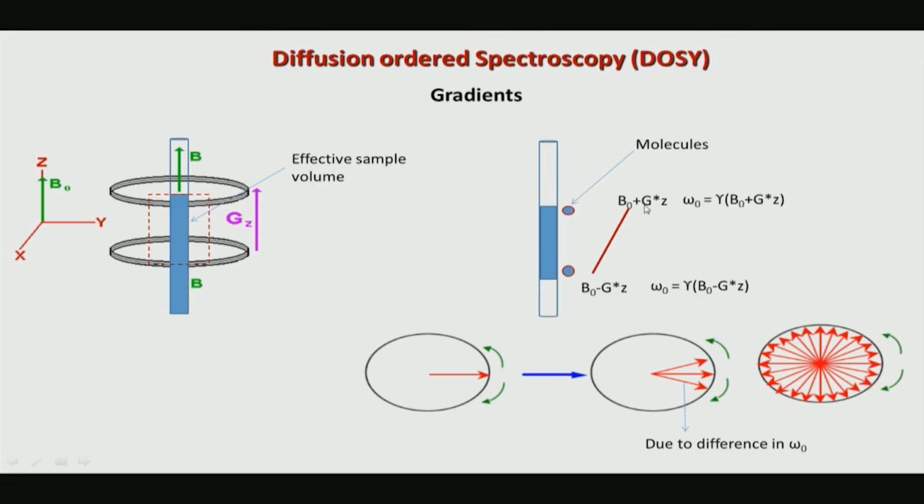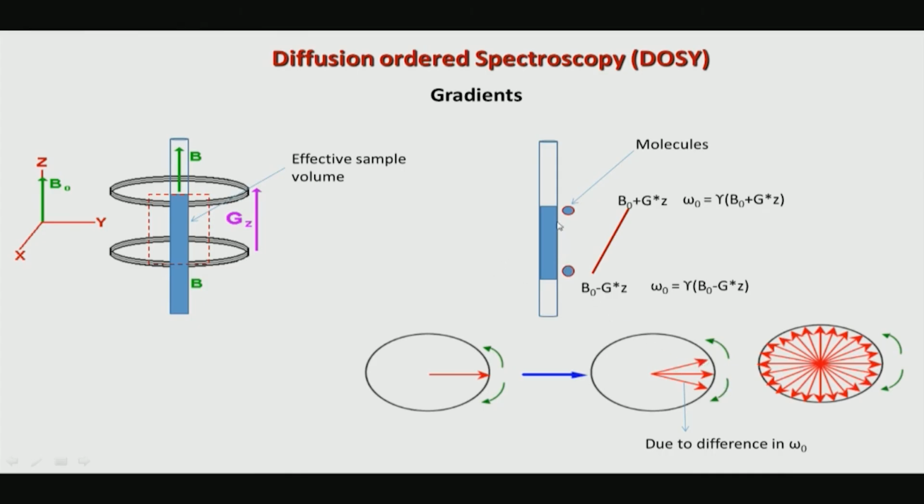Now, what does this gradient do? If I apply a pulse to this sample, the magnetization, as we saw, comes to the xy direction. Now, after the pulse, when I apply this gradient, these two currents in this coil, the molecule which is here will have a different chemical shift compared to the molecule which is here.